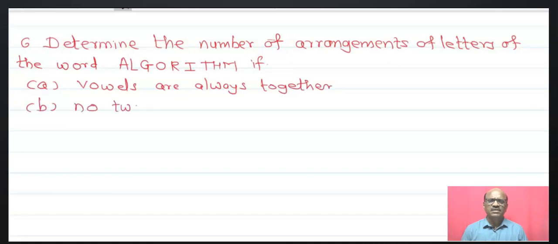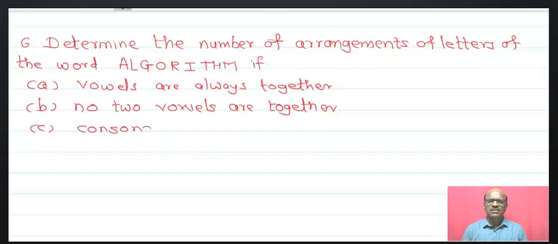B, no two vowels are together. And C, consonants are at even positions.